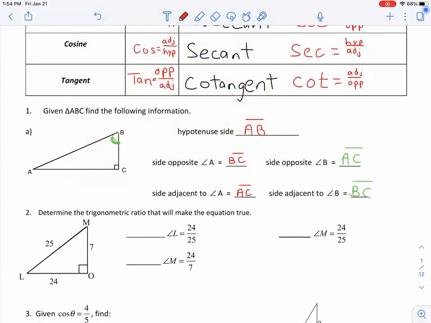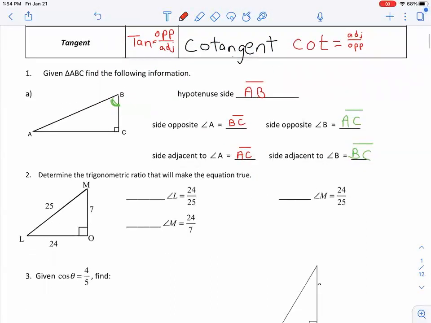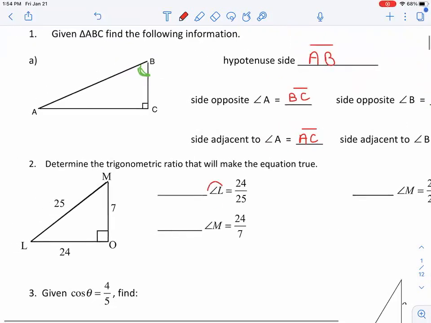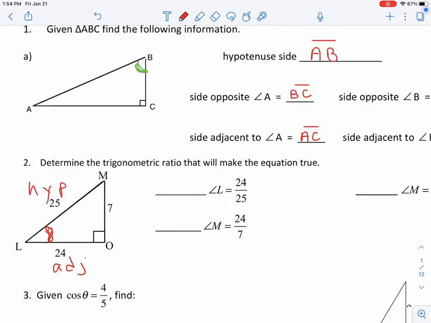All right. Well, let's take a look at number 2. We want to determine which of the trig ratios make the equation true. So here we're looking at angle L. And if this is our focus, our ratio is 24 over 25. In relation to angle L, the 24 is the adjacent, and the 25 is the hypotenuse.